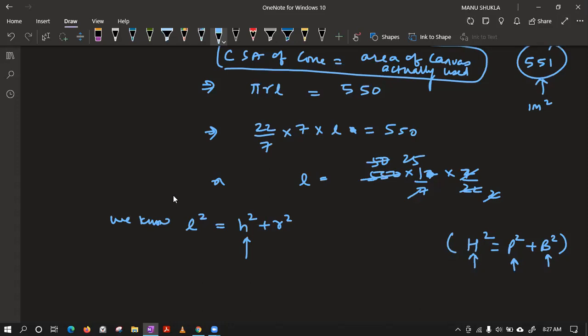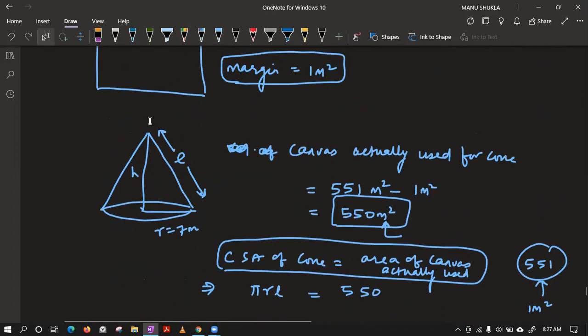In this case, this h is not a hypotenuse, so don't confuse it. Okay, this is your height. In this case, your slant height acts as hypotenuse. So always take care of these symbols. L is your hypotenuse, H is your perpendicular.